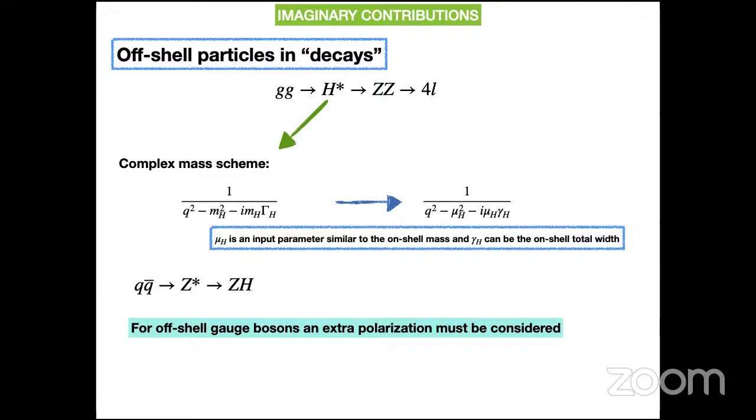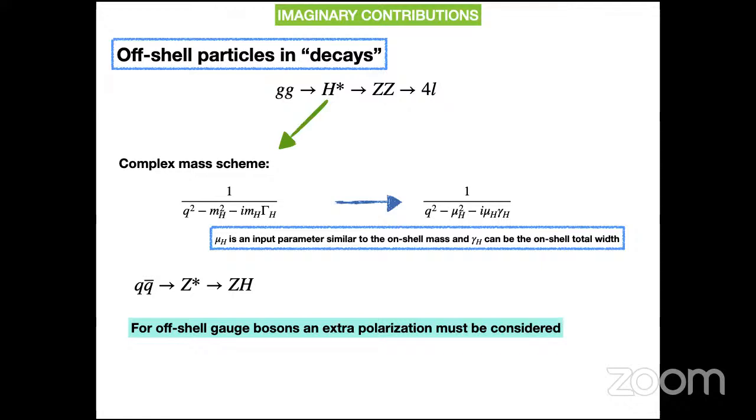Now, we also want to calculate this kind of off-shell decays. As I said before, this process was reported by the CMS collaboration this year. What I want to note here is that, again, these kinds of calculations are not trivial.